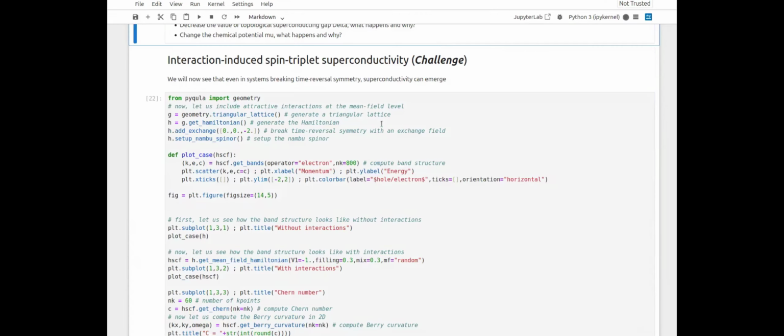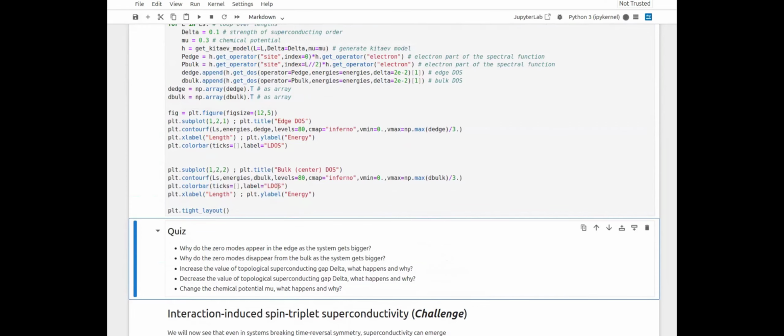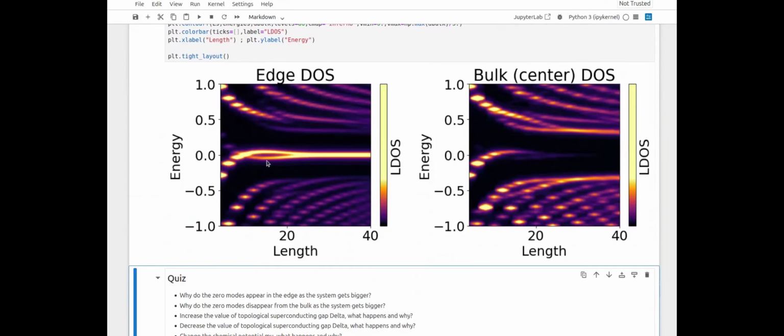And what we do at the end is we plot all the density of states at the edge for the different system sizes and all the density of states in the bulk for all the different system sizes. And that's the plot that we are going to analyze. Okay, so the x-axis is the length, the y-axis is the energy. And so what you see is that as you make the system bigger and bigger, the density of states at the edge slowly becomes a zero energy mode.